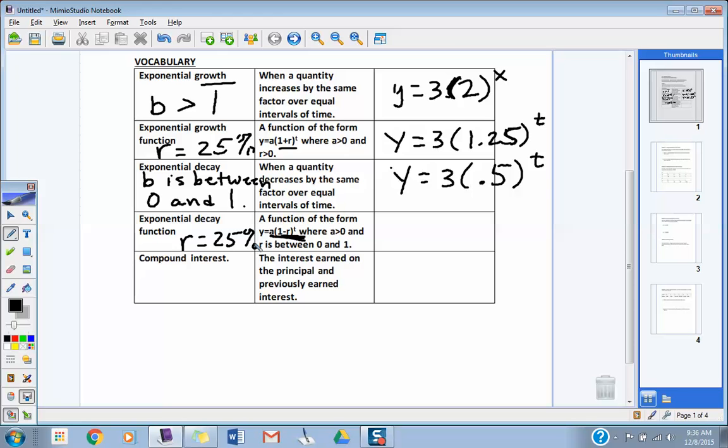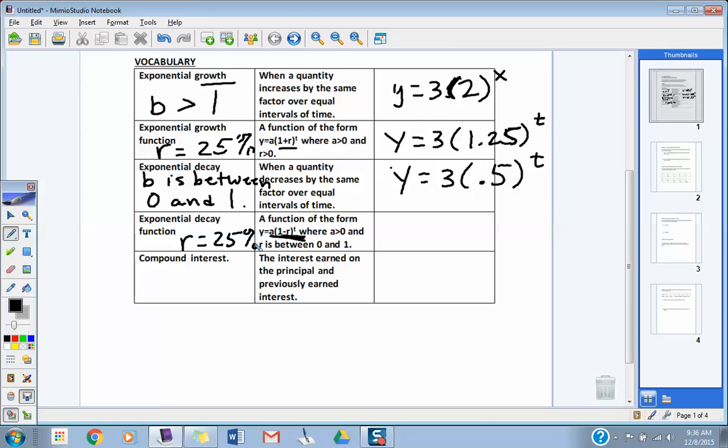So an exponential decay function is any function of the form y equals a times 1 minus r, where r is that percentage rate as a decimal, to the t. A's got to be greater than 0, and r is between what and what, guys? 0 and 1. Is 25% between 0 and 1? No. What's 25% as a decimal? Is that between 0 and 1?